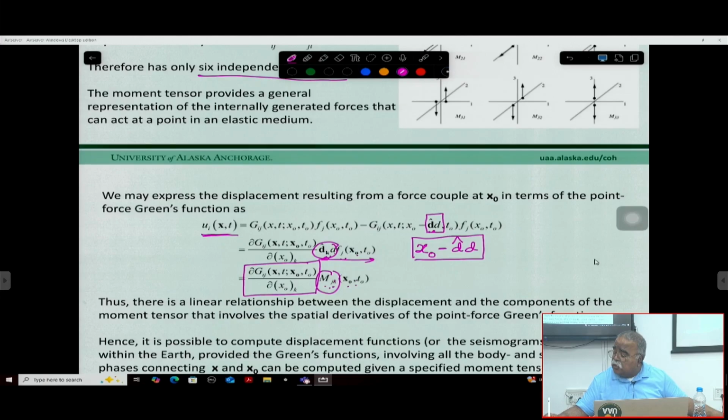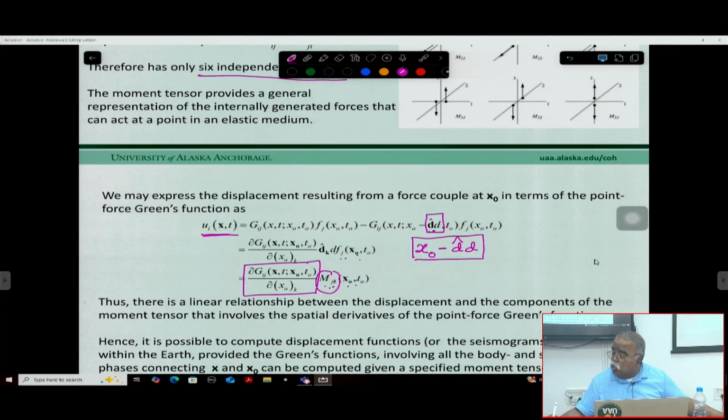So I can write these things like this. This is your d multiplied by the force. So d is in the k direction, so this is dk, and this is your fj x t.